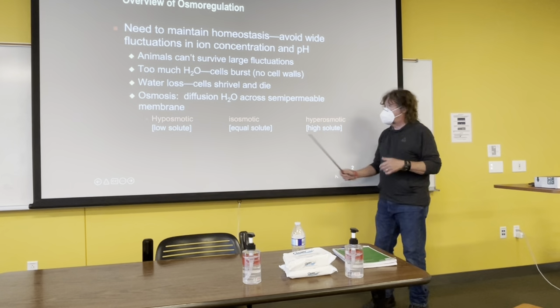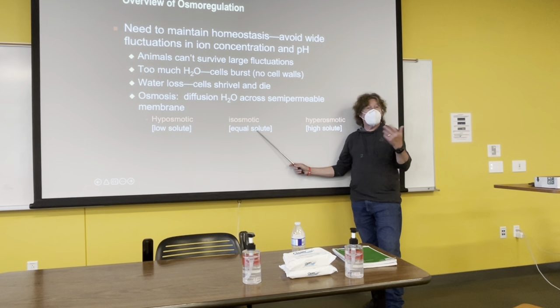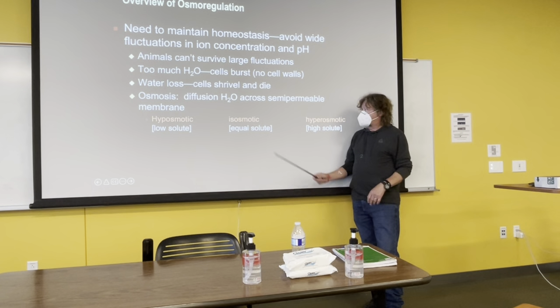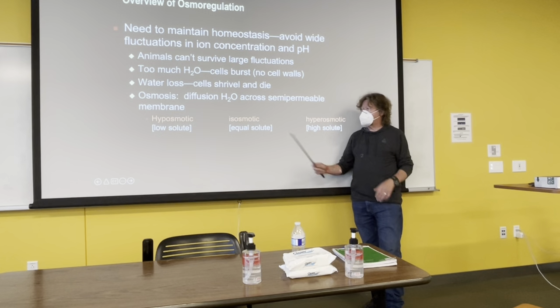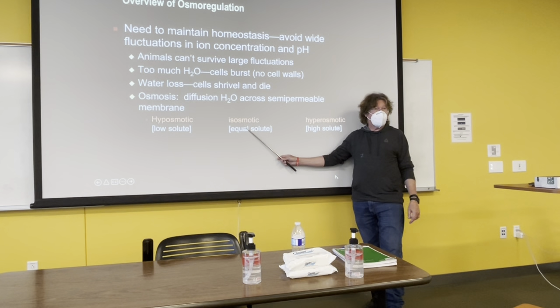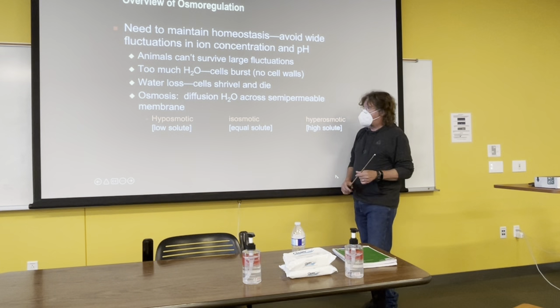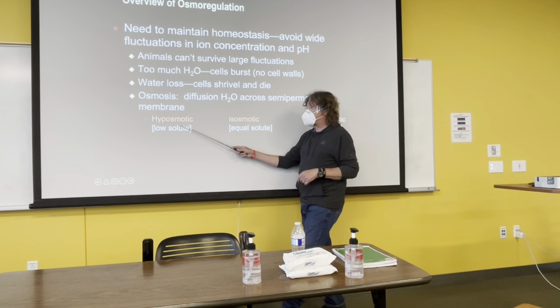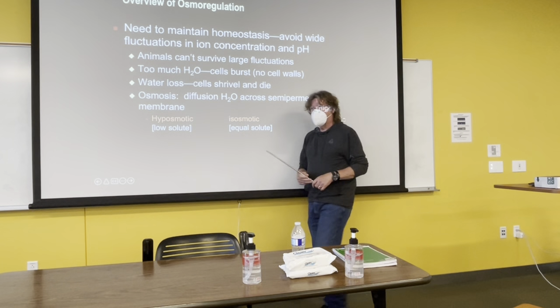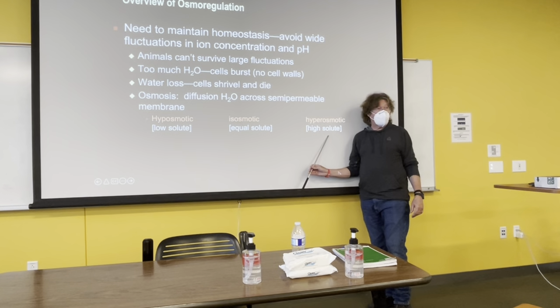If the surrounding medium and the internal medium of a cell have the same solute concentration, that's called isosmotic. And in such a system, there's no net change of water moving into or out. However, if one of the media happens to be hyposmotic, the other one has to be hyperosmotic.